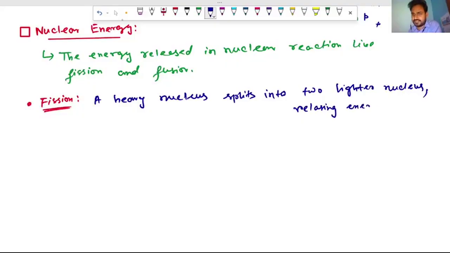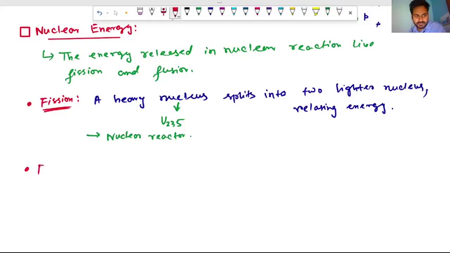That energy is nuclear energy. For example, the nucleus is uranium 235. Where do we see this nuclear fission? In a nuclear reactor, fission takes place.